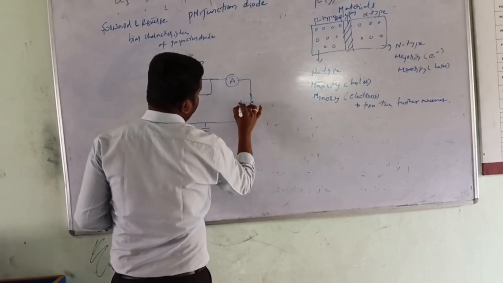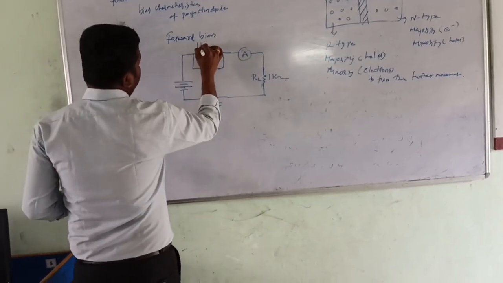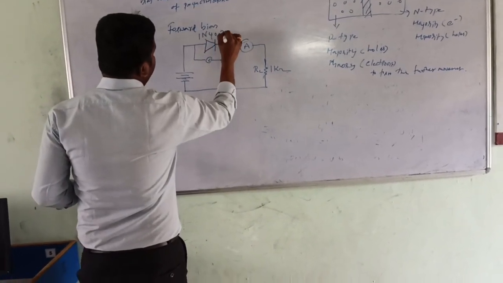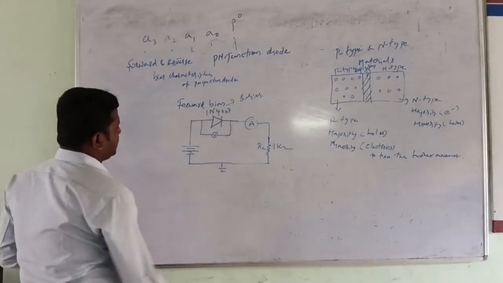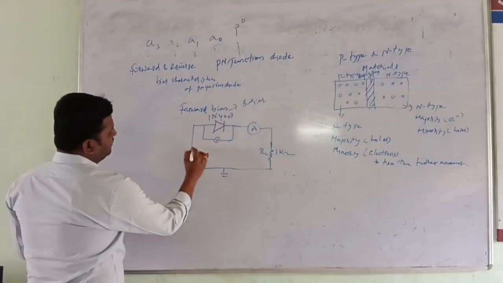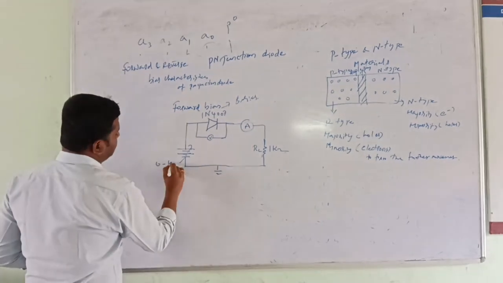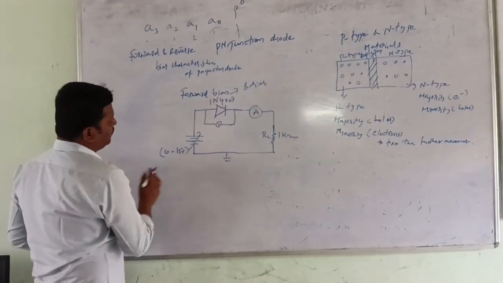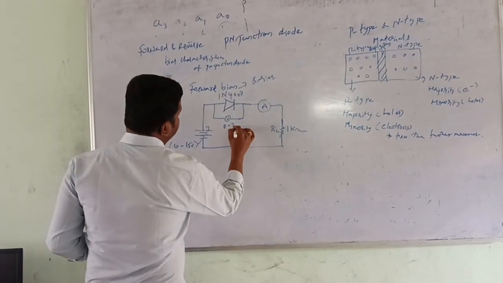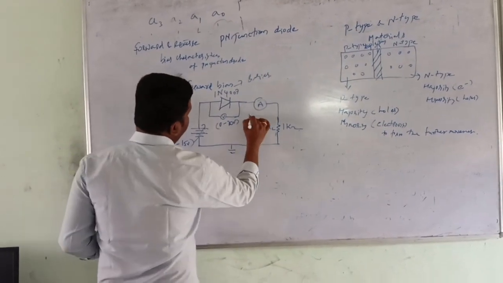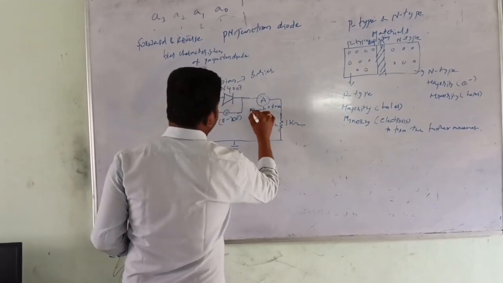Next, we are connecting the RL 1 kilo ohm and diode IN4007, which is nothing but a series. Here the power supply RPS is 0 to 15 volts, and ground is mandatory, the voltmeter 0 to 20 volts and 0 to 200 milliamperes.